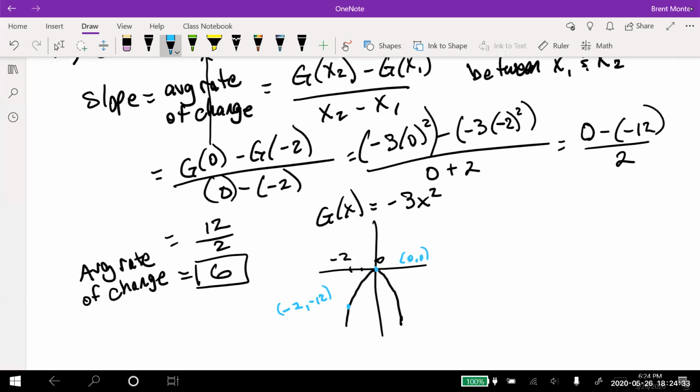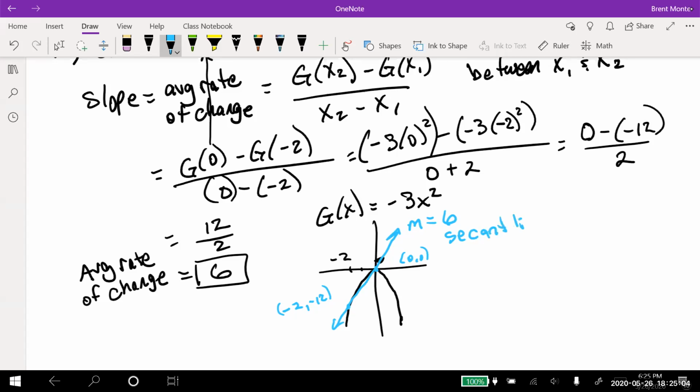And what we're finding is the slope of that secant line that goes through there. This slope was equal to 6. It represents the average rate of change in the function between negative 2 and 0, but graphically, it's just the slope of that secant line.